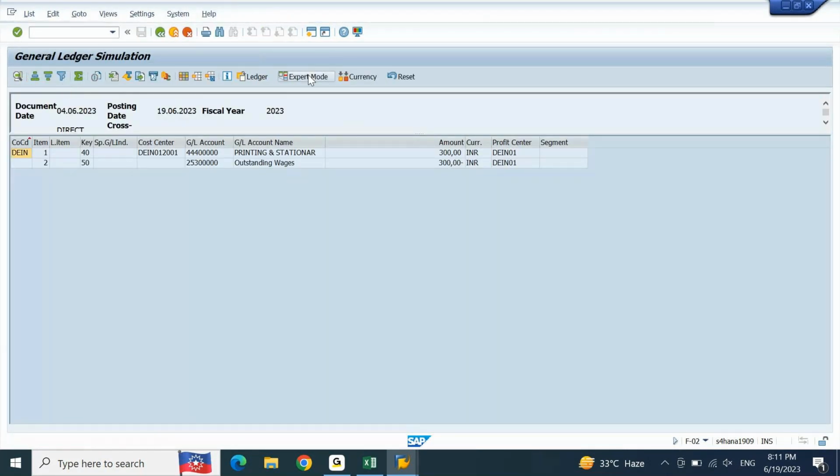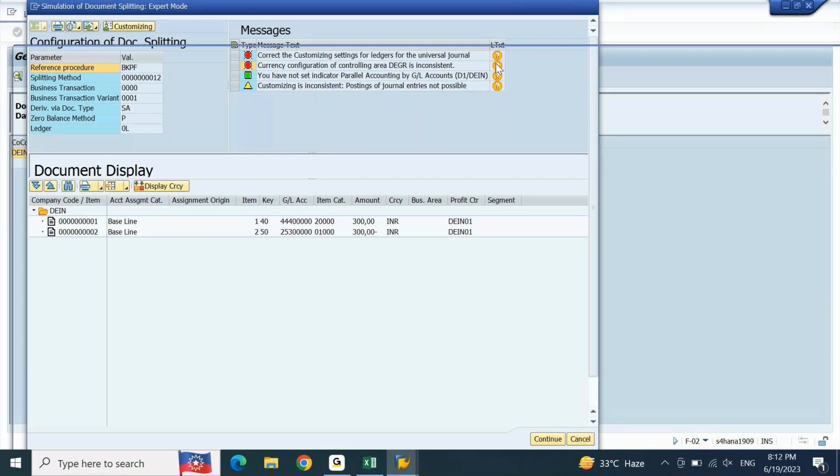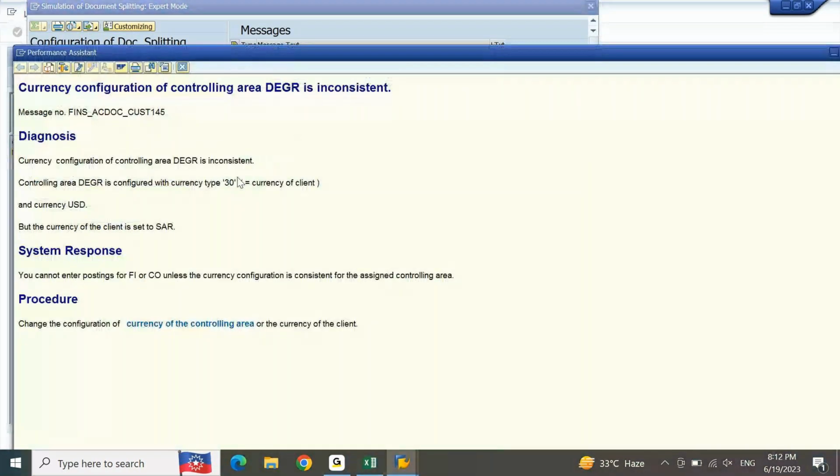Expert mode. Currency configuration. What is this? Somebody changed this group currency to SAR.